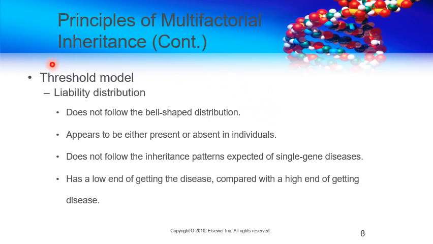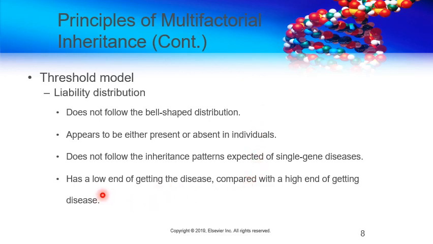Okay, now we'll talk about the liability distribution with this threshold model. This does not follow that normal bell-shaped distribution, and it appears to be either present or absent in individuals. It also does not follow the inheritance patterns of those single gene diseases like we talked about with chapter 4.